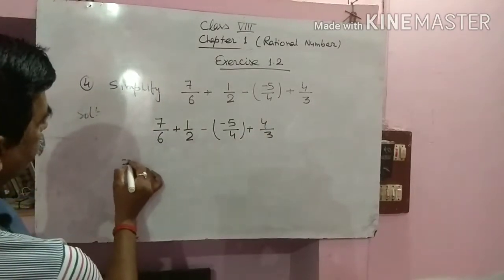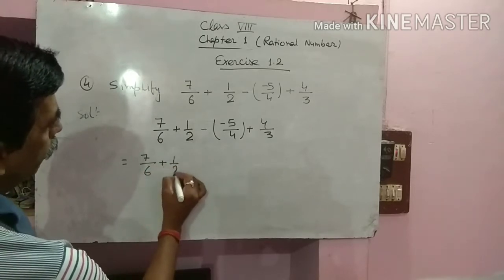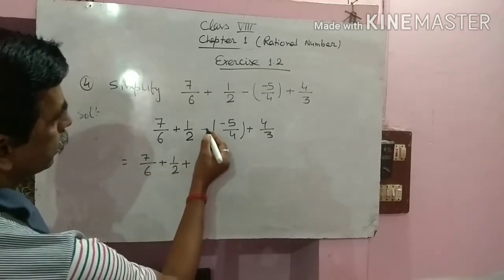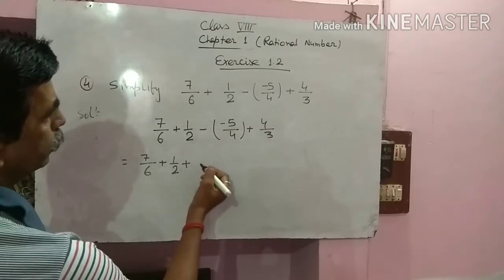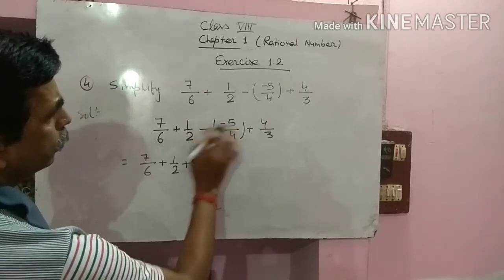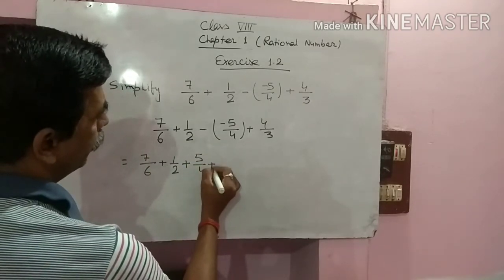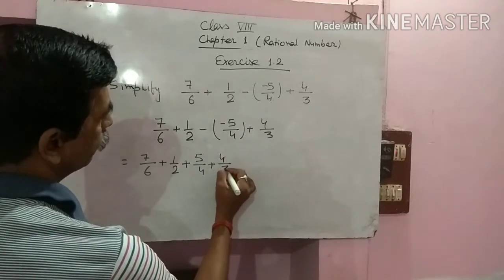So it becomes 7 by 6 plus 1 by 2 plus, since there is no sign between the minus and the bracket, it is multiplication, and minus into minus becomes plus, 5 by 4 plus 4 by 3.